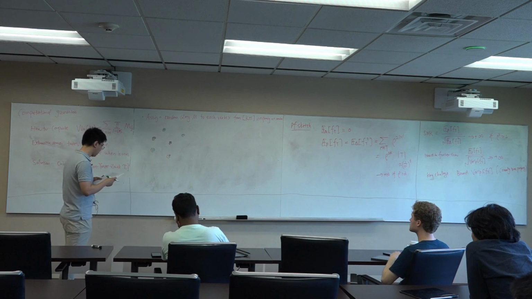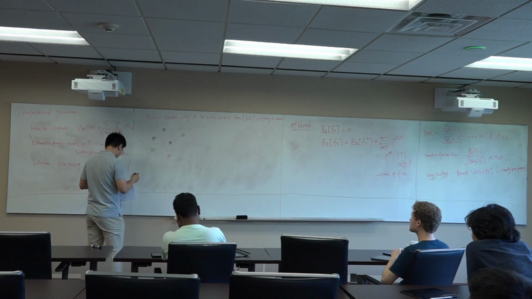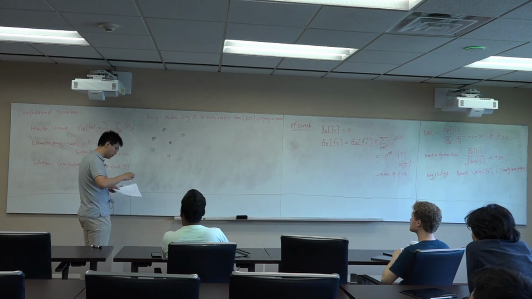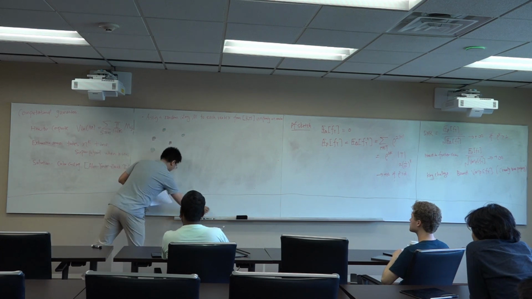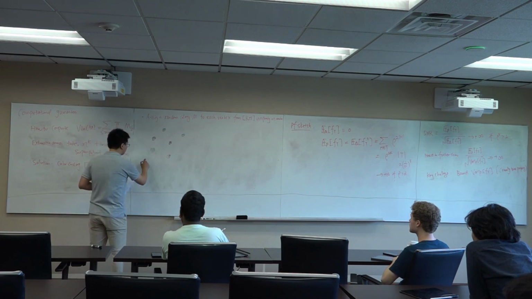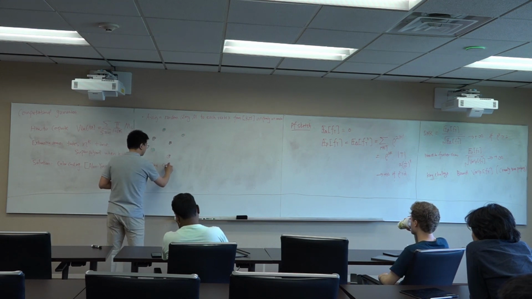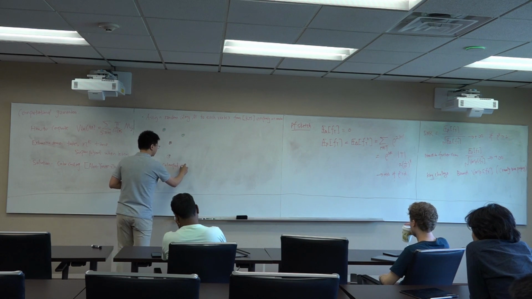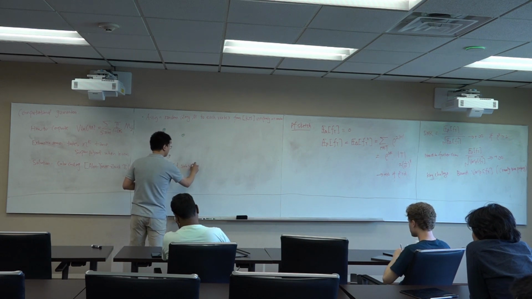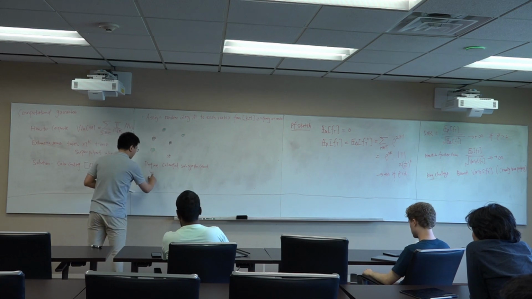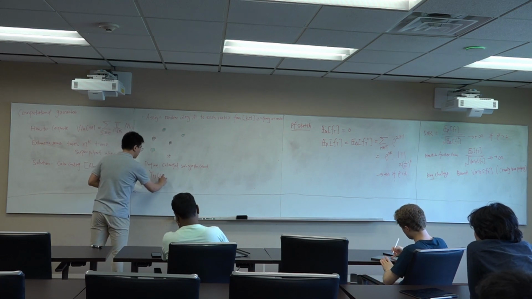Okay. And then once you color every vertex, you can define this so-called colorful subgraph count, where all the colors are different. Let me use this notation.